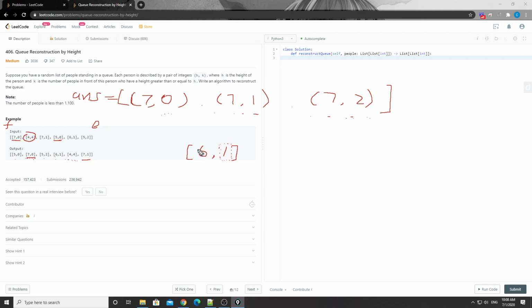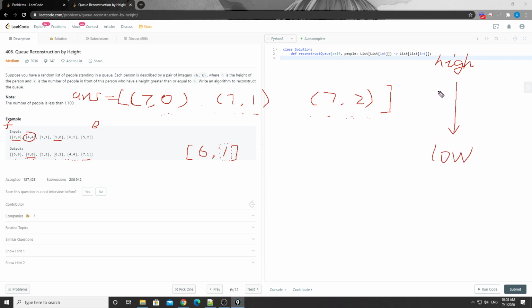How can we make sure all the elements in the array will be taller than my current height? When we do the sorting, we said we sort by the second element, but we have to sort by the first element first. Basically, we need to put the highest persons at the beginning, and then we loop through from the highest person to the lowest person.